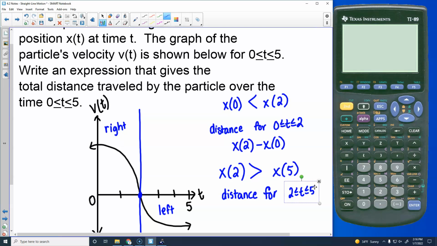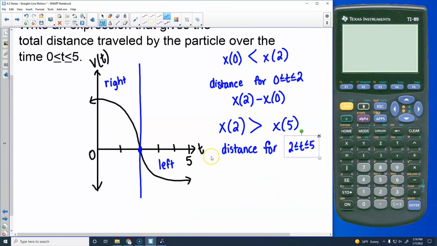We could use absolute value bars, but I'm not going to, because the answer choices on the multiple choice question that's like this don't do that. So I need distance to be positive, right? So that means I have to put the bigger number first and subtract the smaller number.